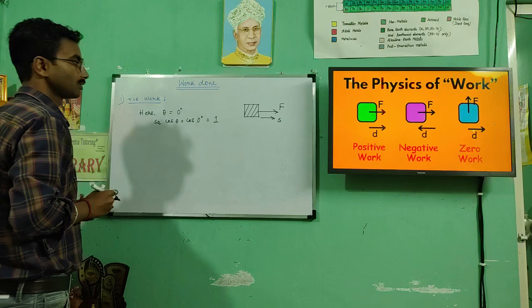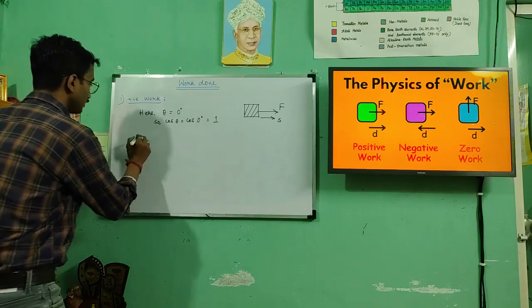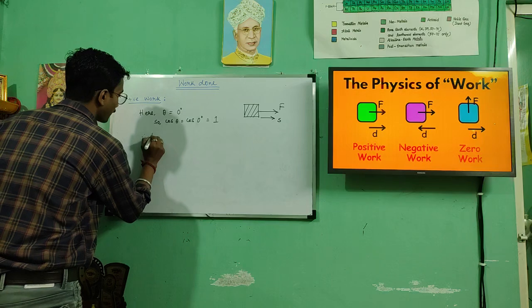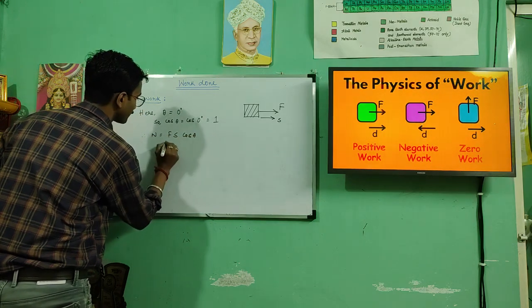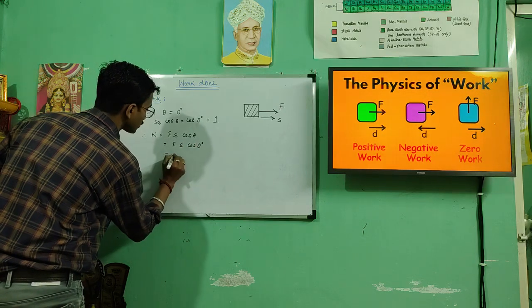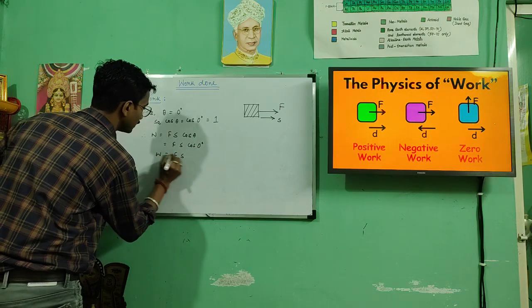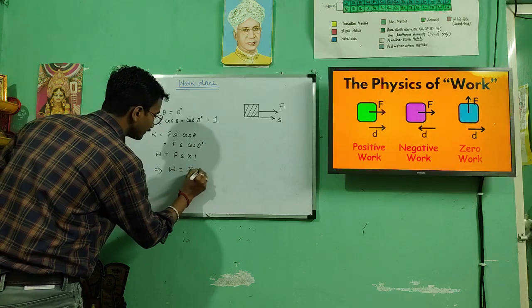We know that the value of cos 0 equals to 1. Therefore, work done equals to Fs cos theta equals to Fs cos 0 degree equals to Fs into 1. That means we get W equals to Fs.